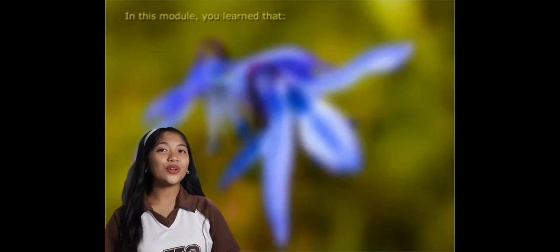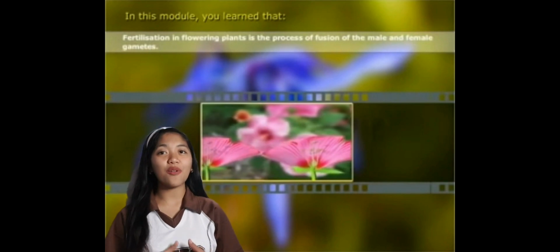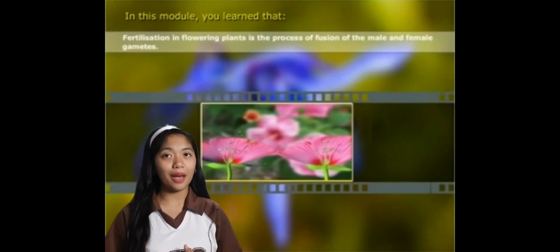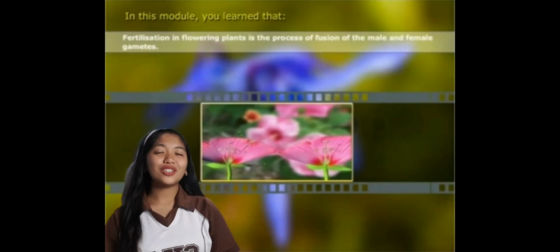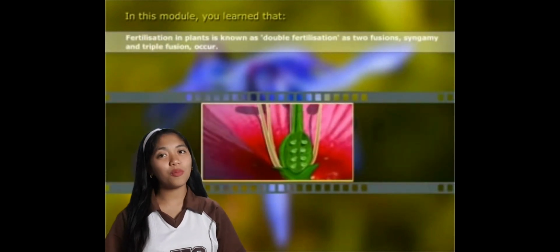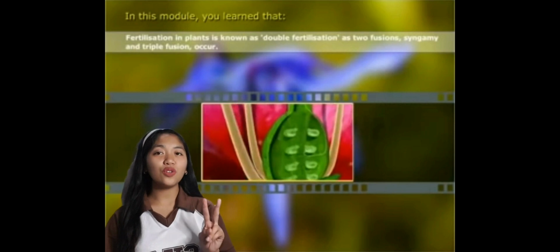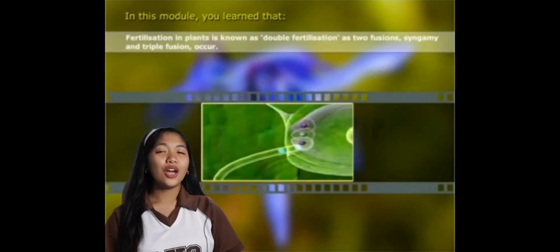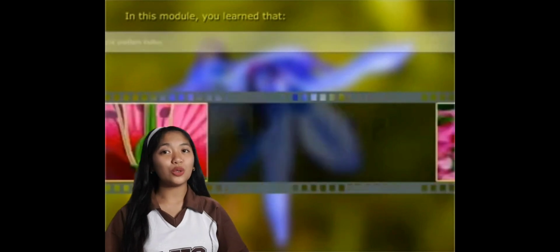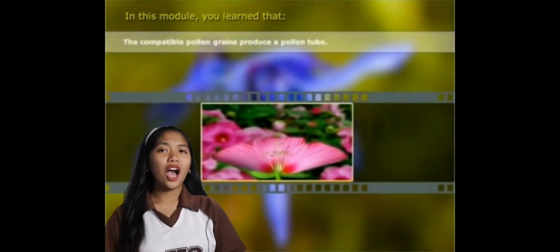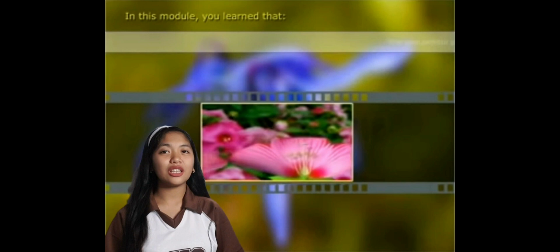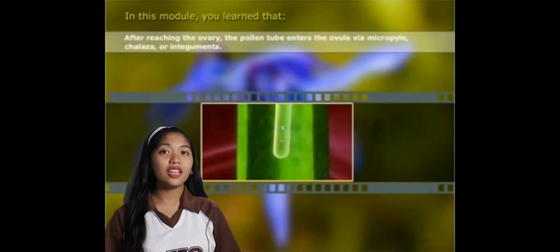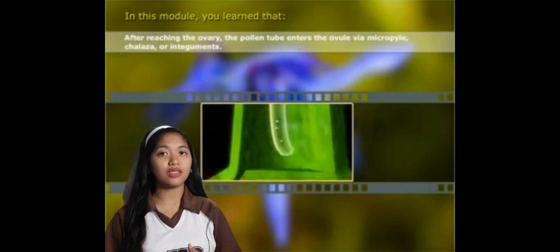In this video, you learned that fertilization in flowering plants is the process of fusion of the male and the female gamete. Fertilization in plants is known as double fertilization, as two fusions, syngamy and triple fusion, occur. Compatible pollen grains produce a pollen tube. After reaching the ovary, the pollen tube enters the ovule via the micropyle, chalaza, or integuments.